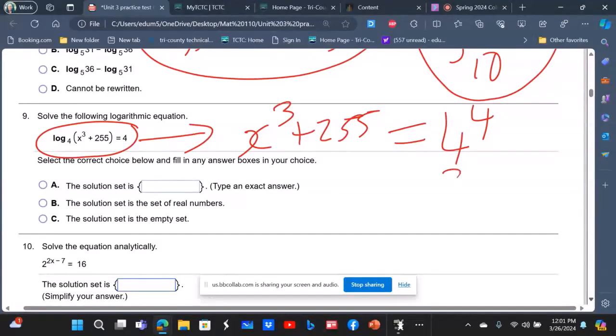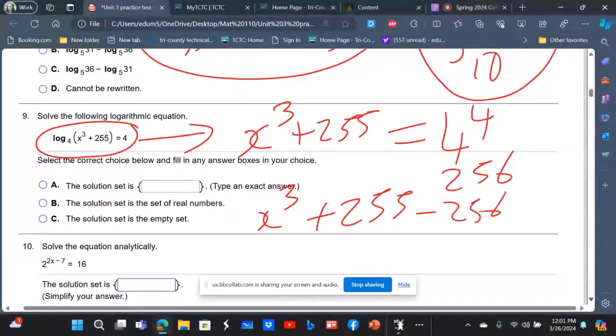So now I have x to the power 3 plus 255 minus 256 equals 0, so x cubed minus 1 is equal to 0.